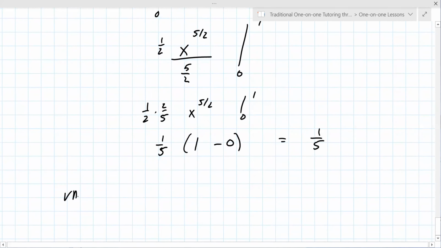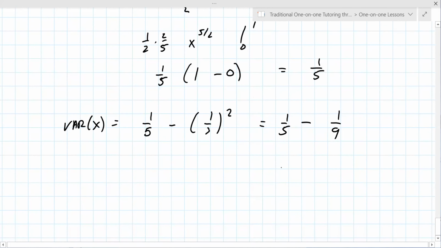So the variance of x is 1/5 minus 1/3 squared, 1/5 minus 1/9. So you make your common denominator there, which is 45, not 15. And that's 9 minus 5, so it's 4 over 45 is your variance of x.